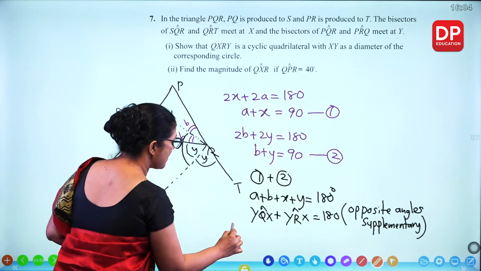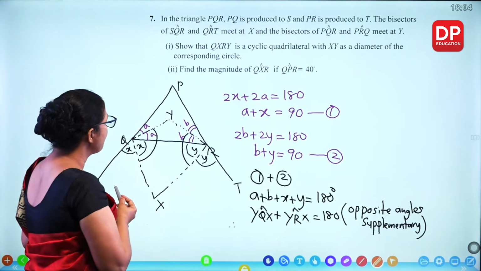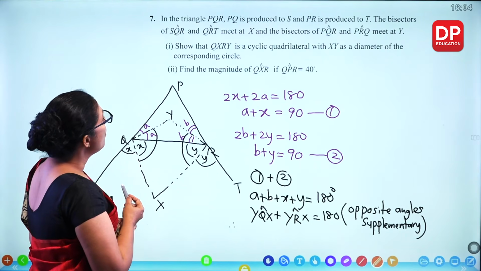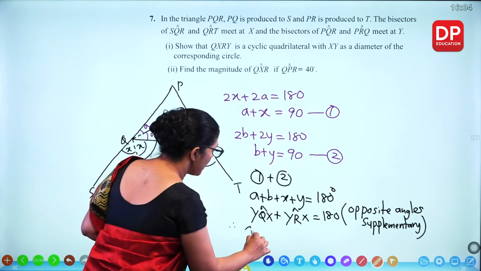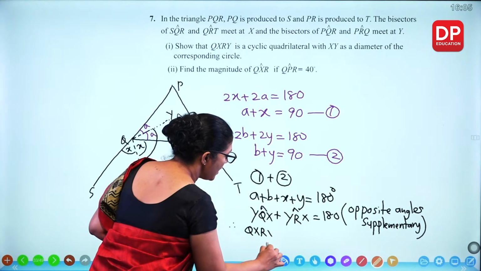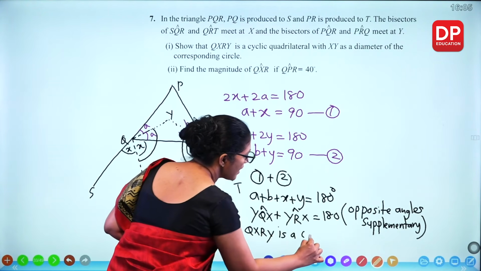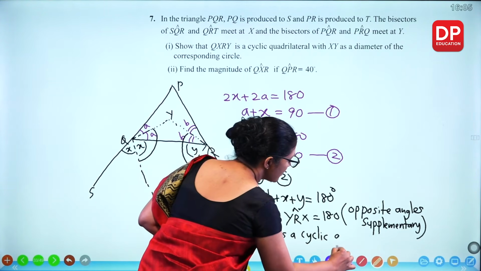So that means QXRY is a cyclic quadrilateral.